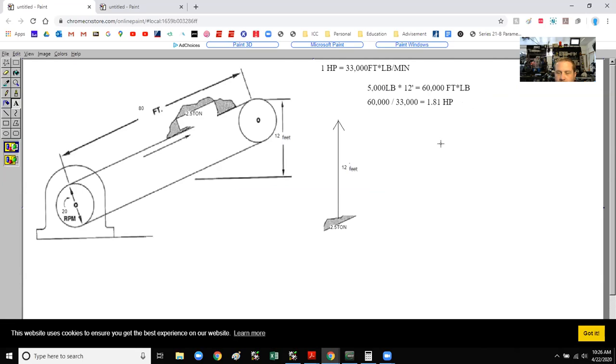Wait, we don't have minutes though. Or are we just saying that's the amount of work it's doing in 1 minute? Yeah, because the question I asked was if we're lifting 2.5 tons 12 feet in the air every minute. I don't know if you caught that part. It was very minuscule.